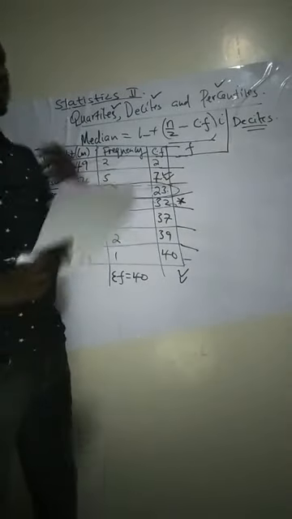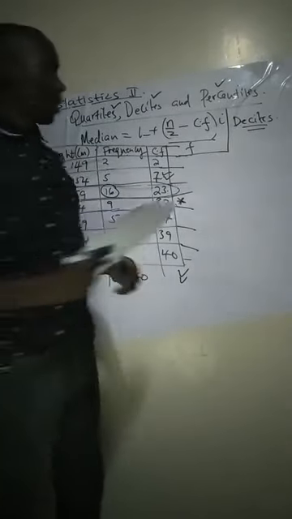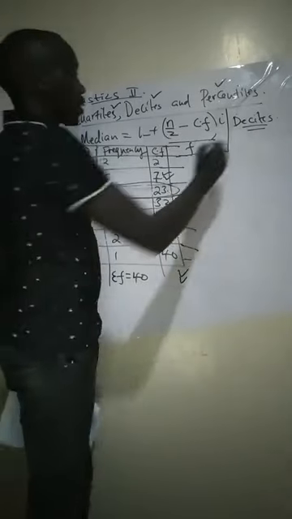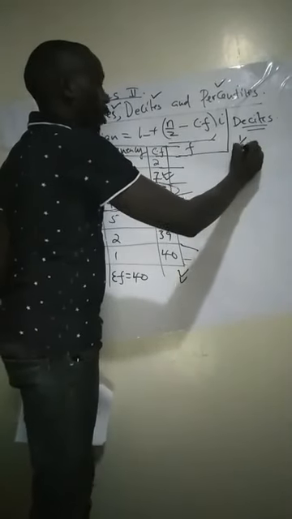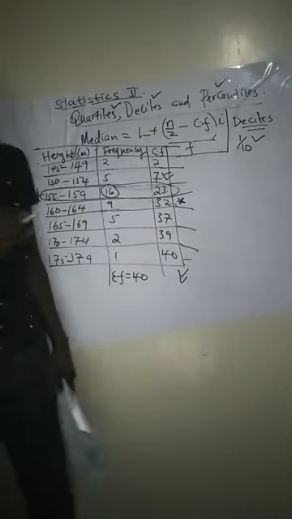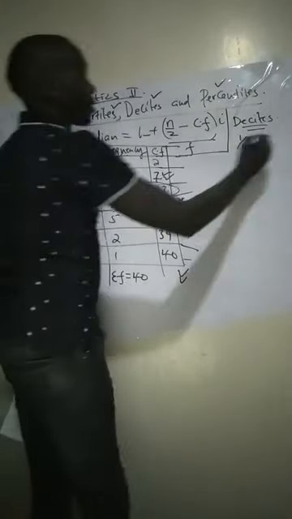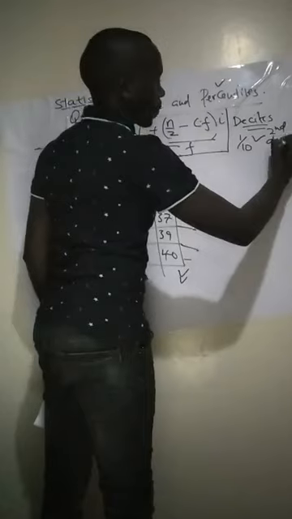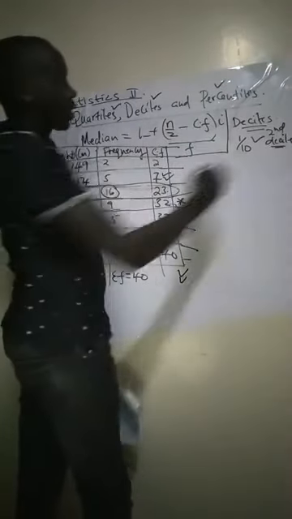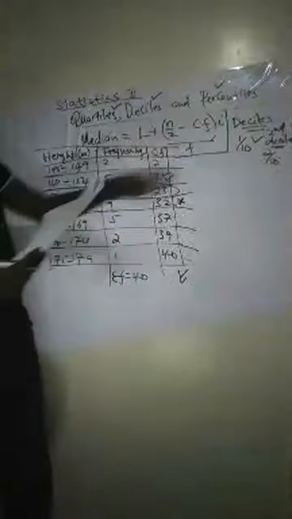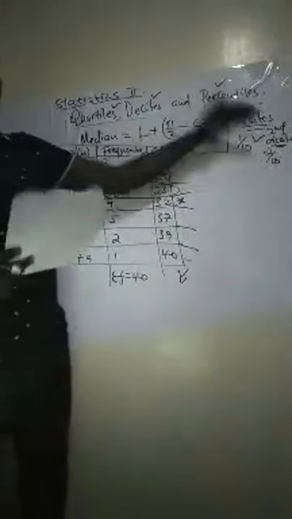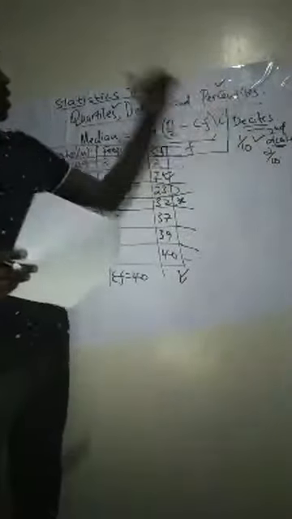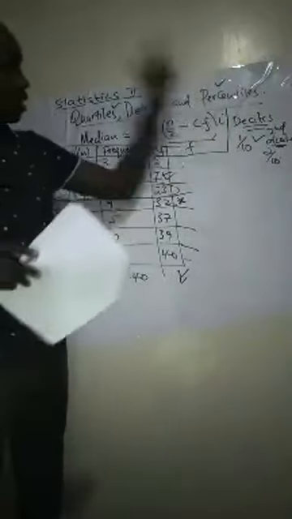If I tell you to find the first decile, I am basically telling you to get that of 1 over 10. Second decile, in that case, you're finding 2 over 10. Third decile is 3 over 10, fifth decile is 5 over 10, seventh decile is 7 over 10, ninth decile is 9 over 10, etc.